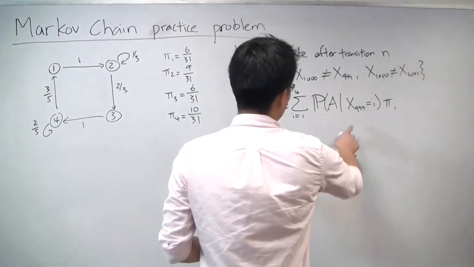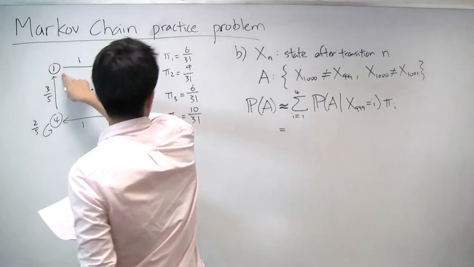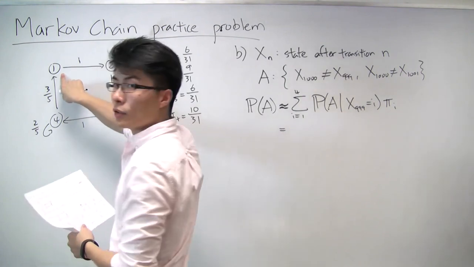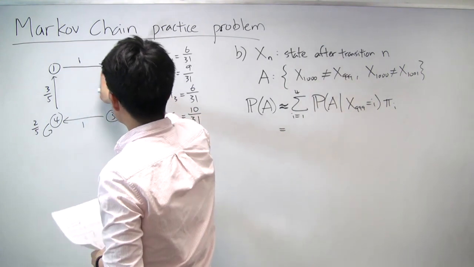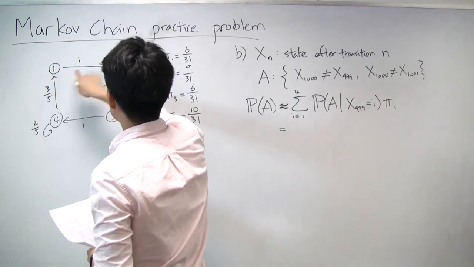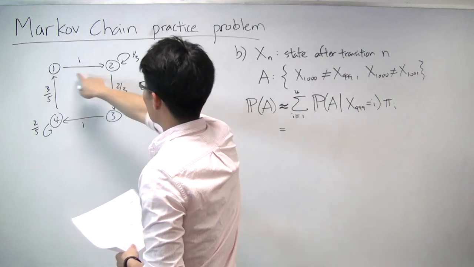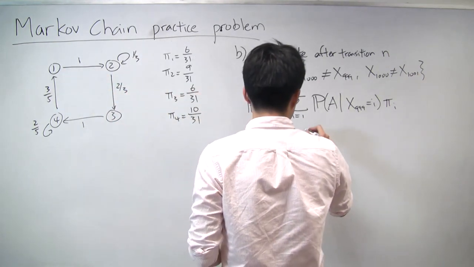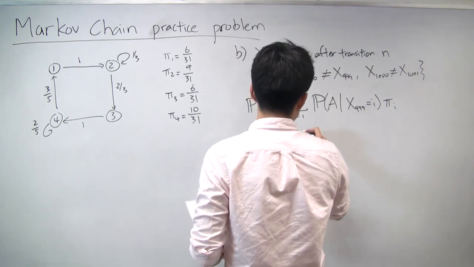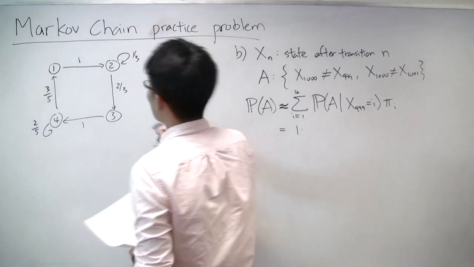So let's think about state 1. Suppose i is 1. If you're in state 1 after the 999th transition, you're guaranteed that the 1000th transition will take you to state 2. So X1000 is for sure going to be different from X999. That's probability 1.